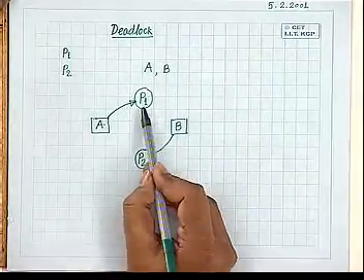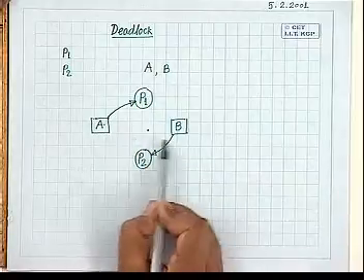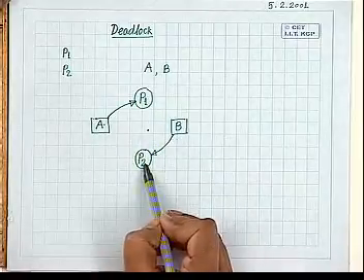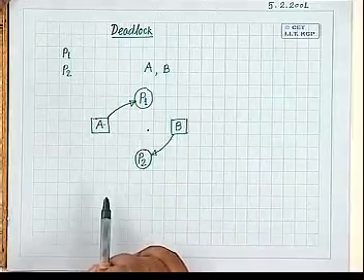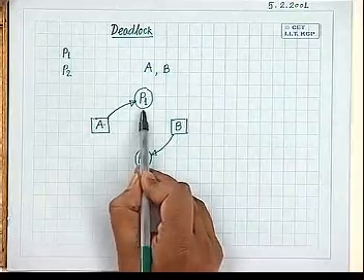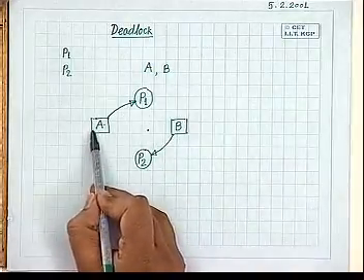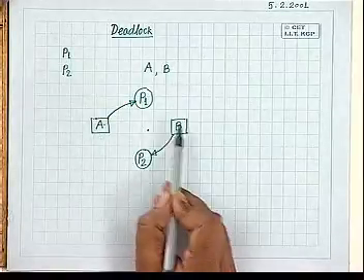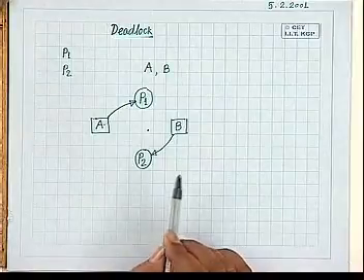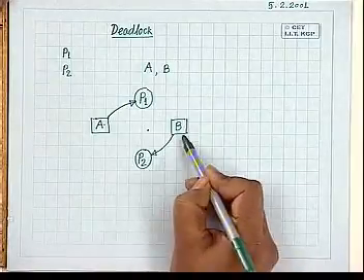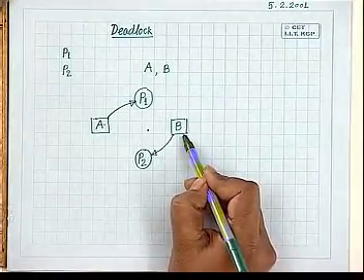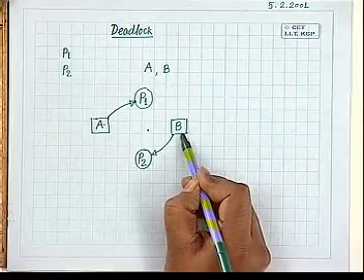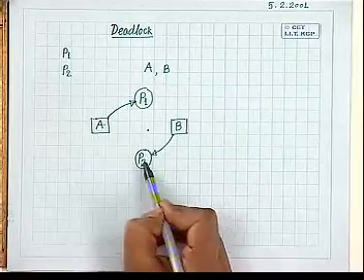And we have also said that P1 will require both the resources for its completion, and P2 will also require both the resources for its completion. Once P1 has acquired resource A, it will not release A until it gets B and its job is complete. Similarly, P2, though it has acquired resource B, will not release B until it gets A and its job is complete.